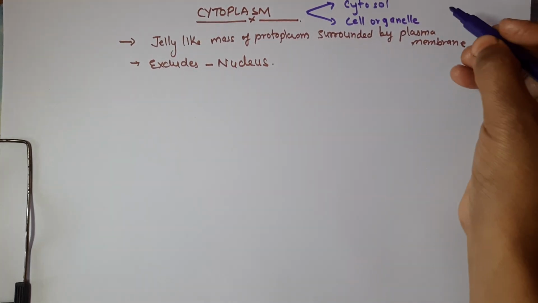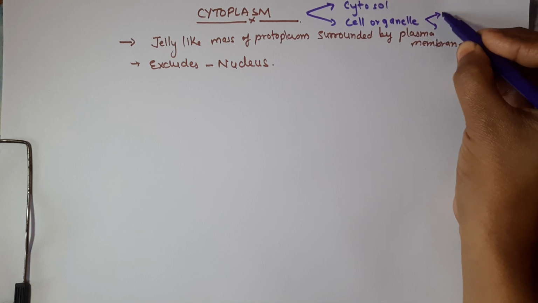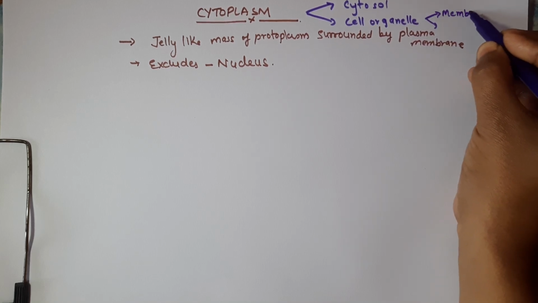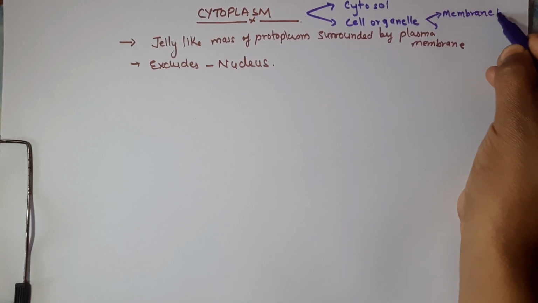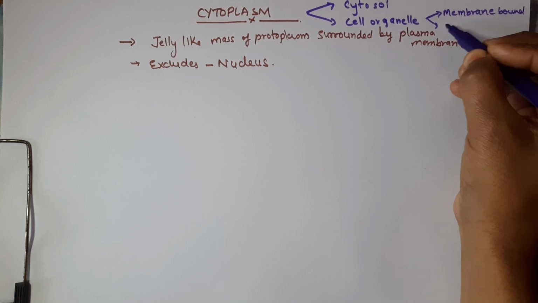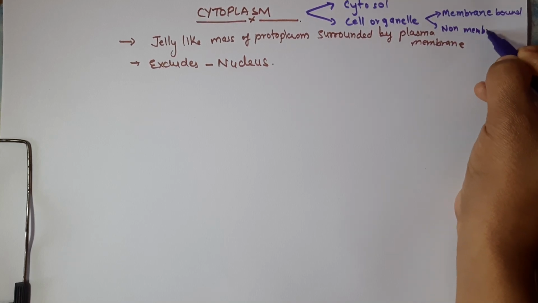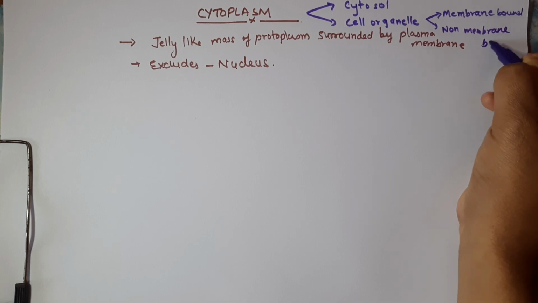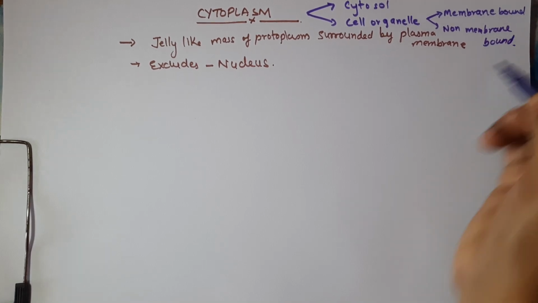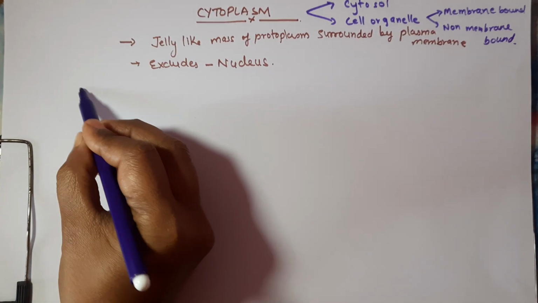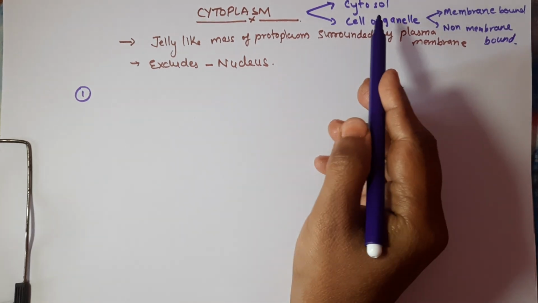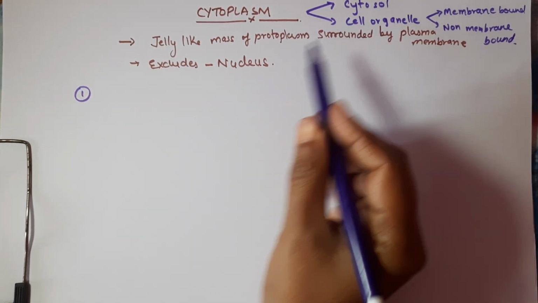These cell organelles may be membrane bound or non-membrane bound. First of all, we will discuss the first component of the cytoplasm, that is the cytosol.